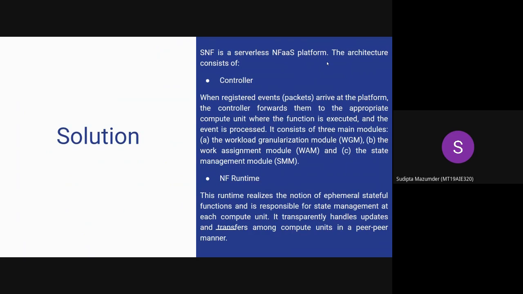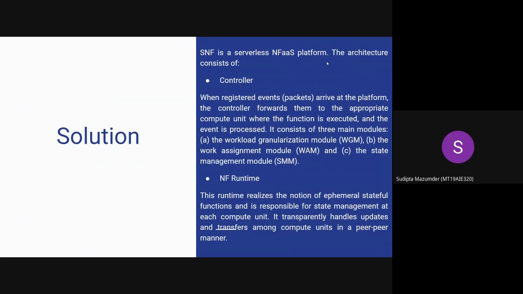This controller consists of three main parts: the workload granularization module, or WGM, the work assignment module, or WAM, and the state management module, or SMM. When packets from different flows arrive at the controller, the WGM is going to granularize the incoming flow into flowlets.